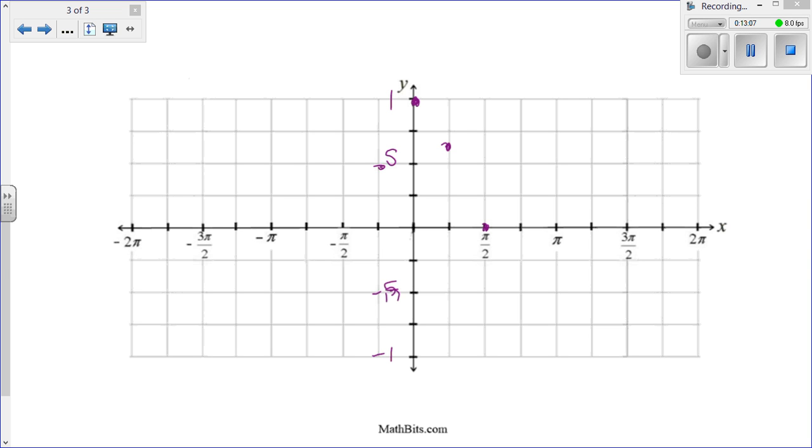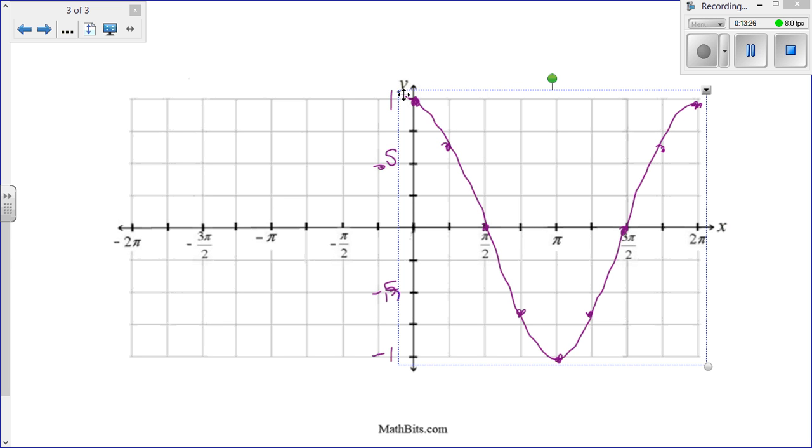At 3 pi over 4, it's negative 0.7. For pi, it's negative 1, then negative 0.7. 3 pi over 2 is 0, then 0.7, and then 1. So I connect my points, make my curve. And then this pattern is again going to continue.